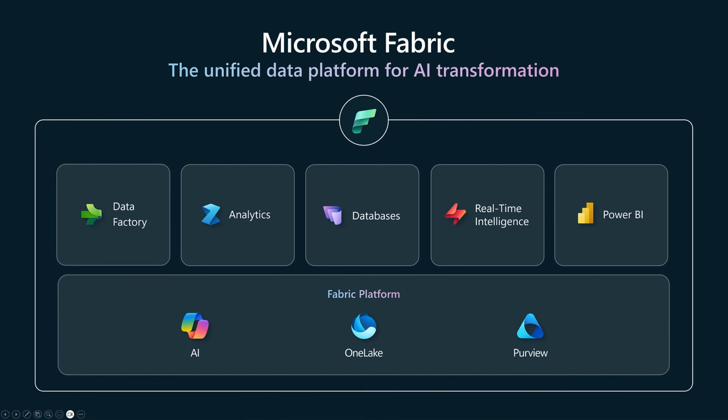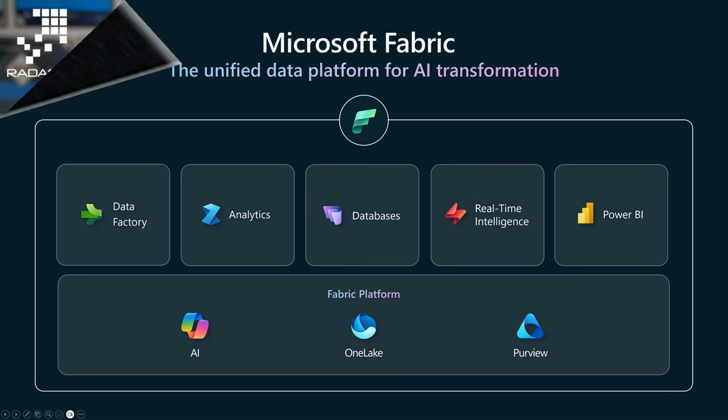But now that we have the Fabric structure, Fabric talks about the way that we can store all of our data in one layer of data called OneLake. OneLake, as the base structure for all your data, gives us this option so that we can go and define the security inside the OneLake.